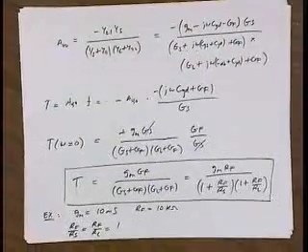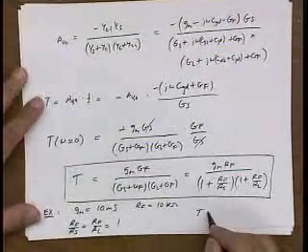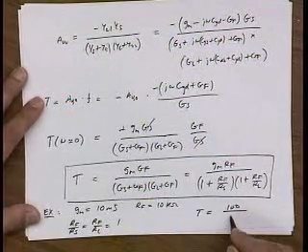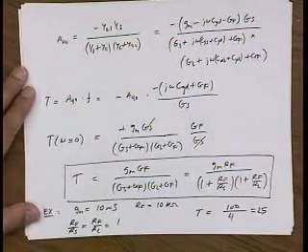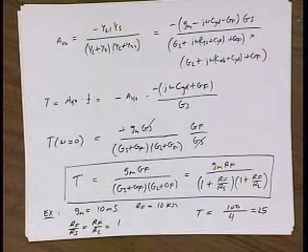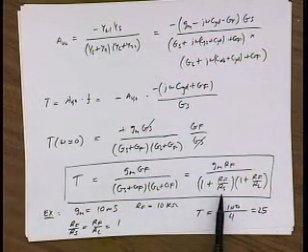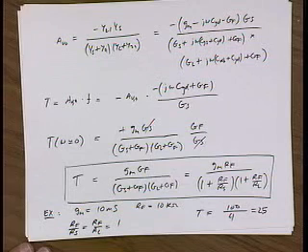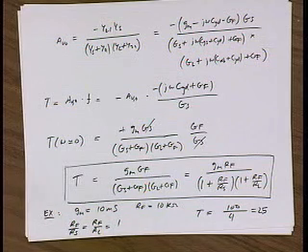Then our loop gain would be 10 times 10, 100, divided by 4, or 25. And clearly RS and RL are important, right? The loop gain is a function of the source and load in this expression.